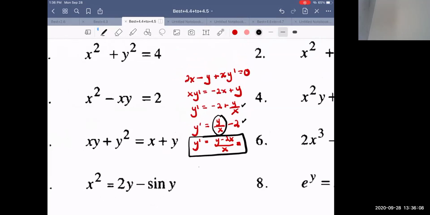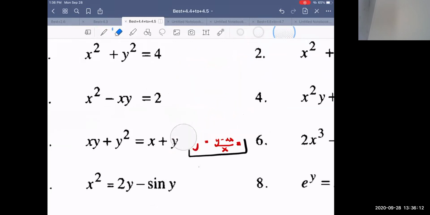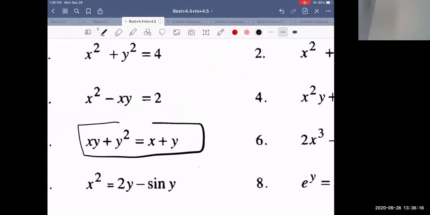So I'm going to have you guys try one. I want you to do this problem right here. I want you to find y prime or dy/dx. So I've got a chat message.